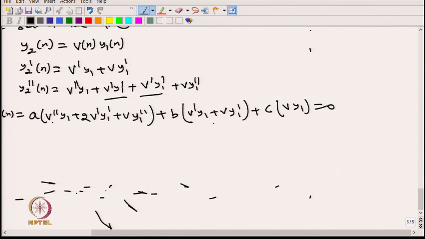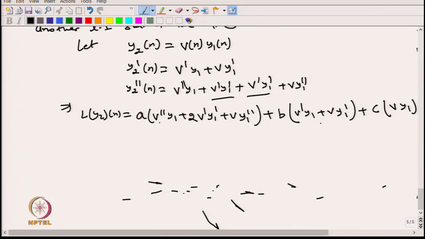And because this is a solution, it satisfies the differential equation, so this is equal to 0.